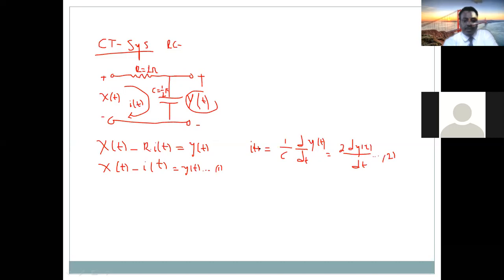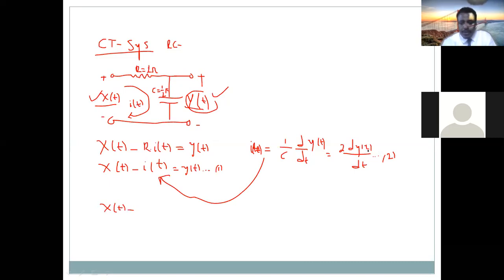Now, this is a current I of t. When we say system equation, it relates only input and output. What is our input? x of t. What is our output? y of t, voltage. So in this equation, substitute I of t from here to this equation here, because we need to replace I of t. So x of t minus, what is the current?